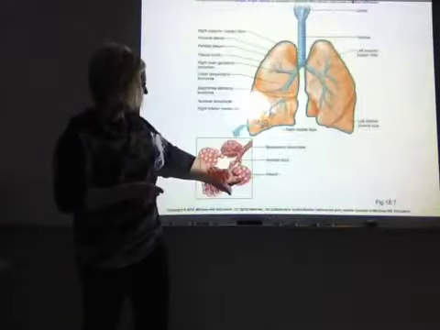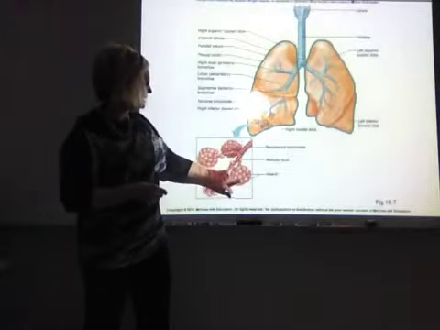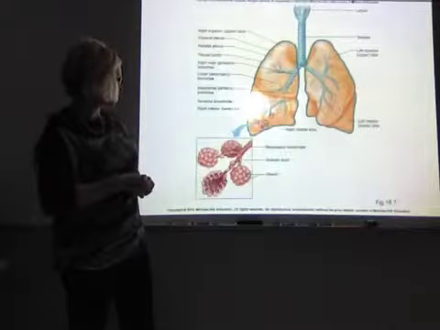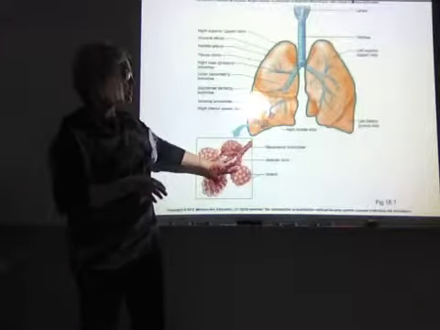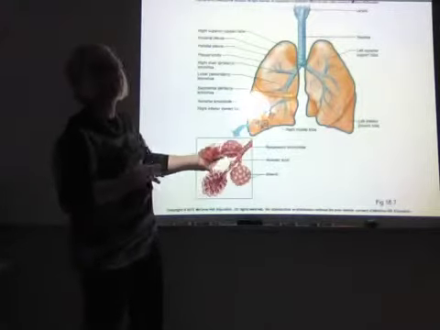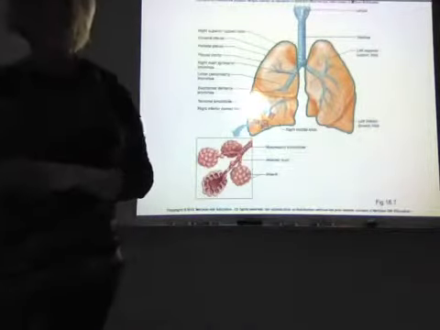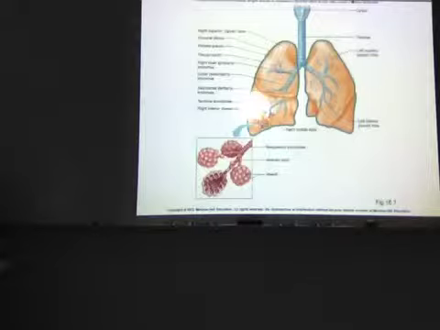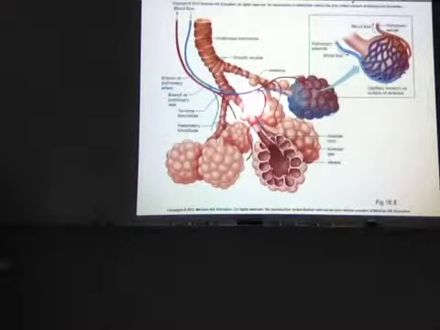And then that alveoli is where the gas exchange actually takes place. And in birds, when we talk about respiration, birds have even more alveoli than we do because of their flight. They need a tremendous amount of gas exchange.